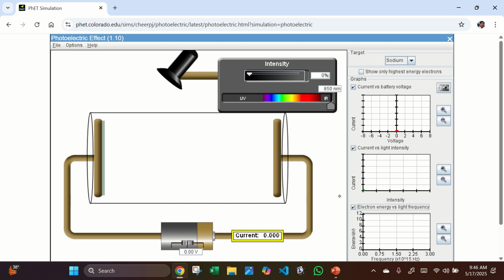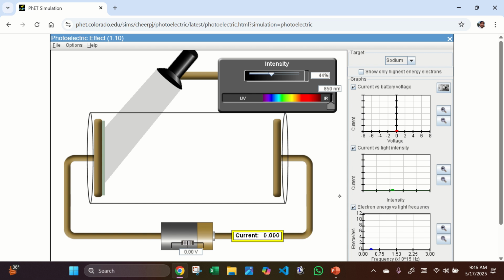Now we just discussed this is the intensity of the light. Let's keep the light on and move the slider, changing from 0 to 100. In this case the wavelength is kept at 850 nanometers, which means the energy of these photons is not sufficient to match the work function of this metal.